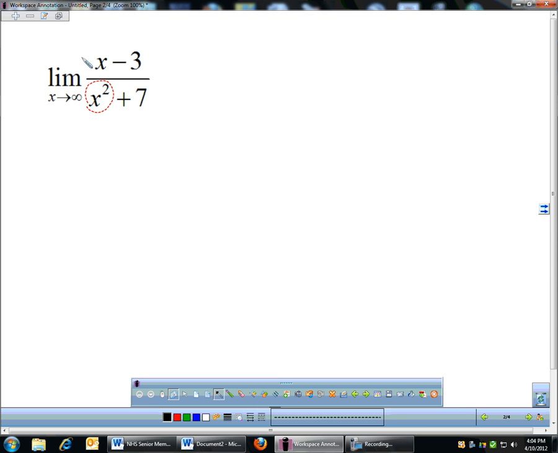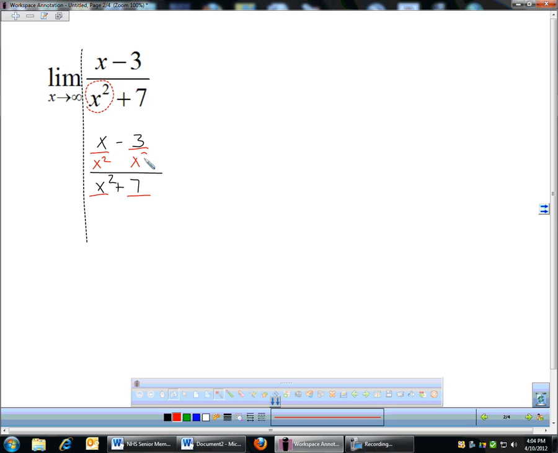So what we're going to do to solve this problem is take my fraction, x minus 3 over x squared plus 7, and we're going to divide every single term. We have x, 3, x squared, and 7. We're going to divide every one of them by x squared because that was the highest power term in the bottom.